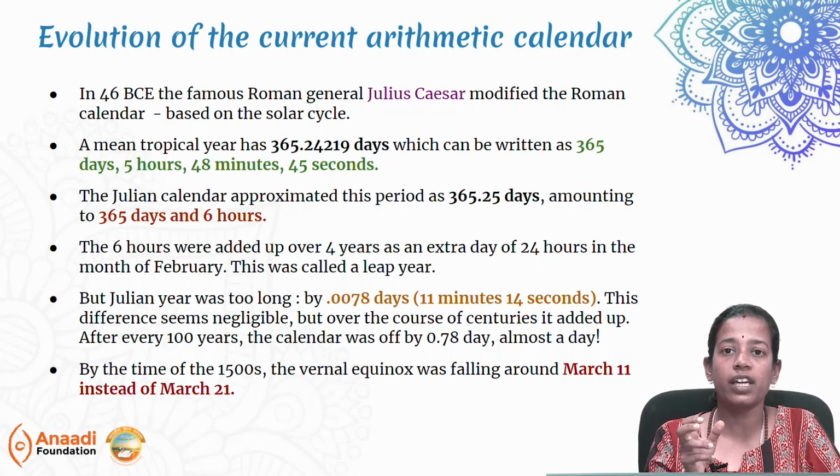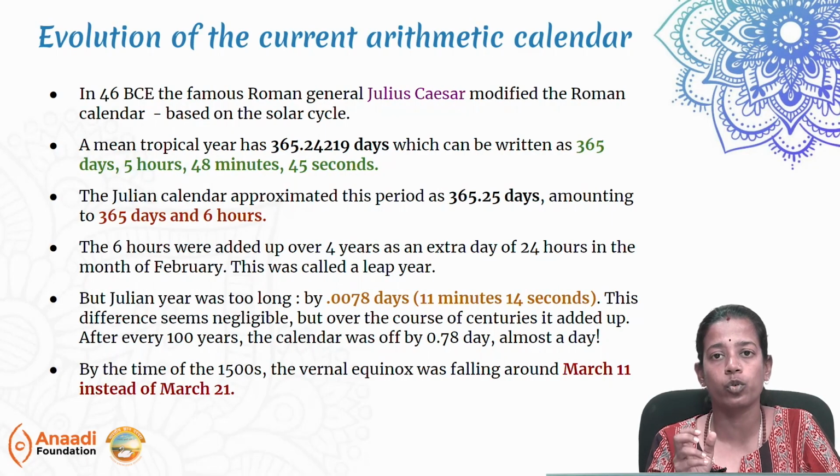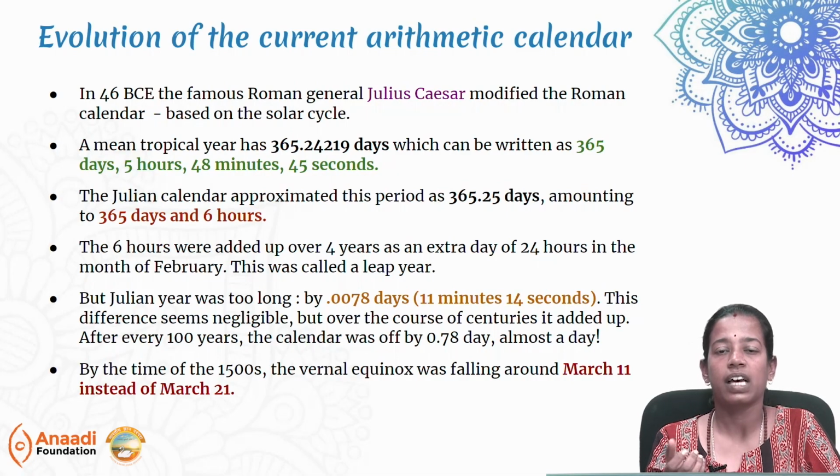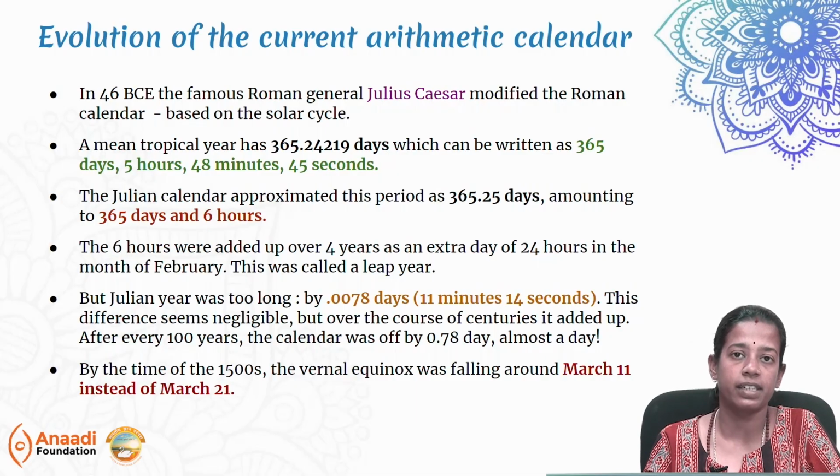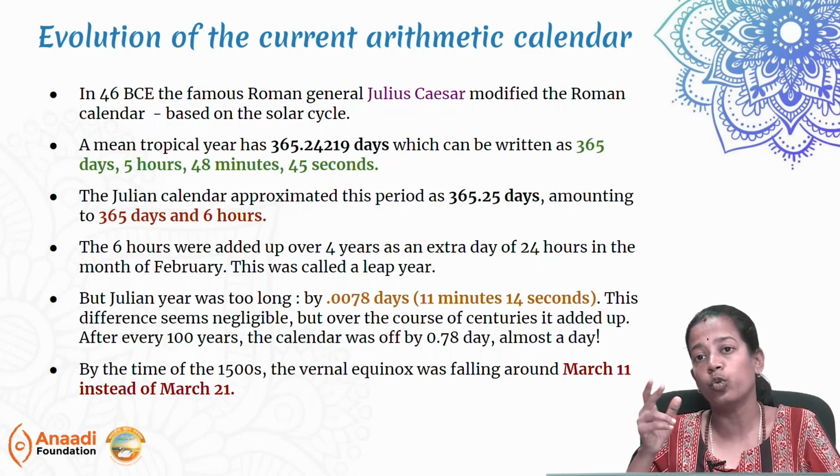This was very accurately calculated, and the mean tropical year has been calculated as 365.24219 days, which is nothing but 365 days, 5 hours, 46 minutes and 45 seconds. This was approximated in the Julian calendar to 365.25 days.